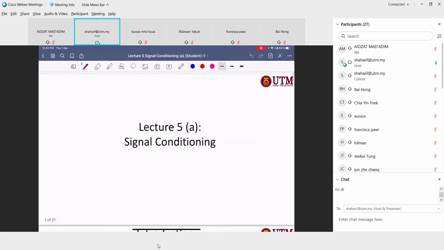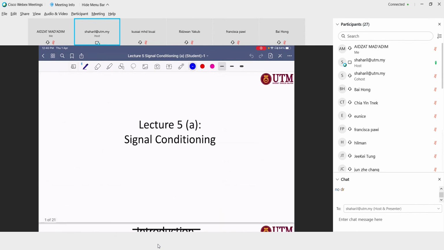Okay, so signal conditioning. Come back to the instrumentation system. Now you got the transducer, and then you got the signal conditioning. Okay, so this is the transducer, and this one is the signal conditioning.